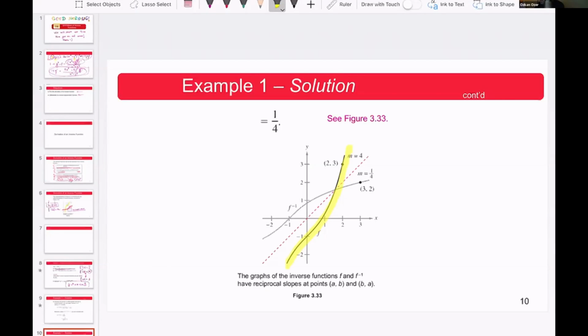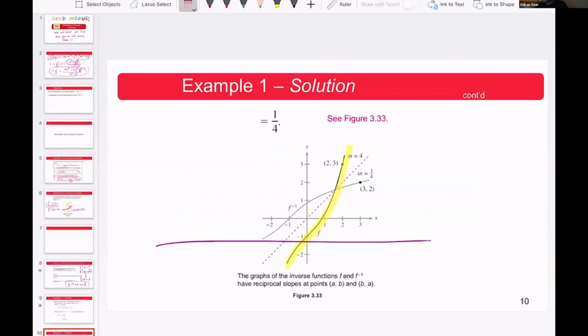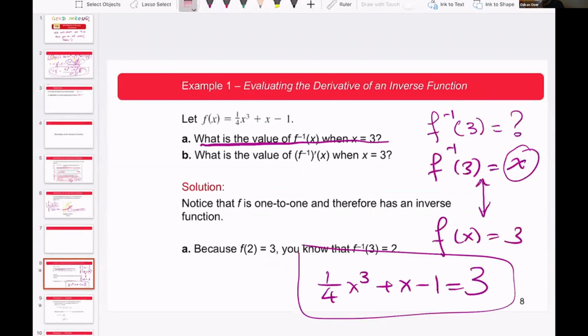And here we go. No matter what horizontal line you pick, it's going to cross the yellow graph at only one point. So by looking at the graph of the function, I can immediately say that it's invertible. So we know the inverse exists to start with.